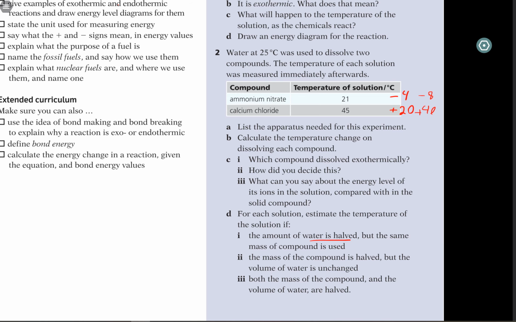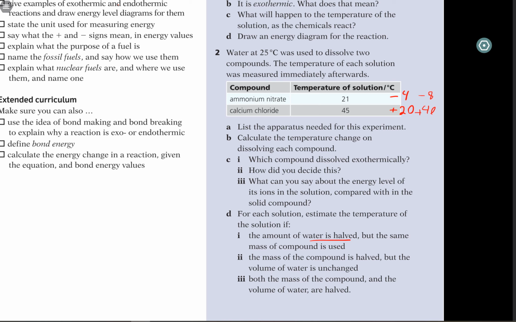For part 2, it says the mass of the compound is halved. So when you halve the mass of the compound which you are dissolving in the water, the amount of heat which releases to the water in an exothermic reaction also halves, and the amount of energy which you are taking from the water in an endothermic reaction also halves. But the volume of the water is unchanged.